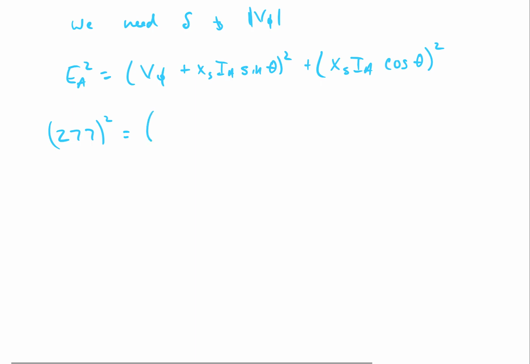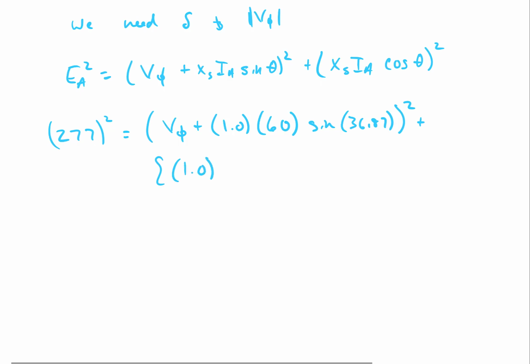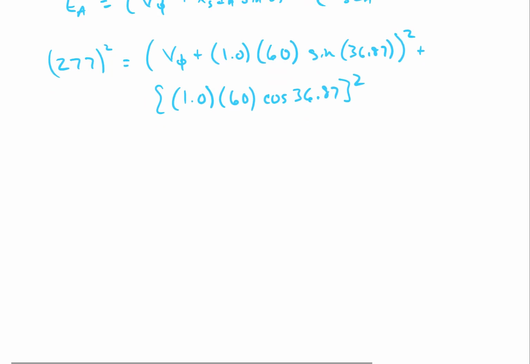And this is equal to V phi, which we don't know, plus, well, XS we're given to be 1 ohm, IA 60 amps, given in the problem, sine 36.87 from our phasor diagram, this quantity squared, plus, again, 1 ohm times 60 amps times cosine 36.87, that quantity squared.